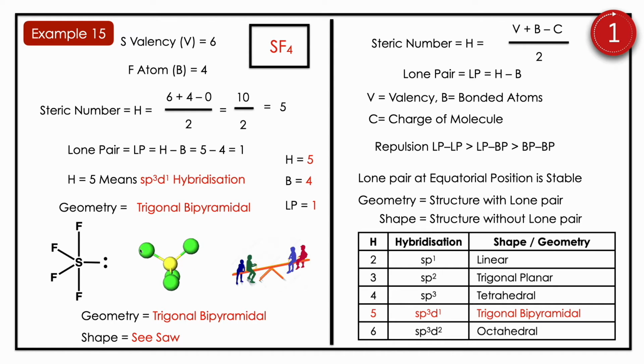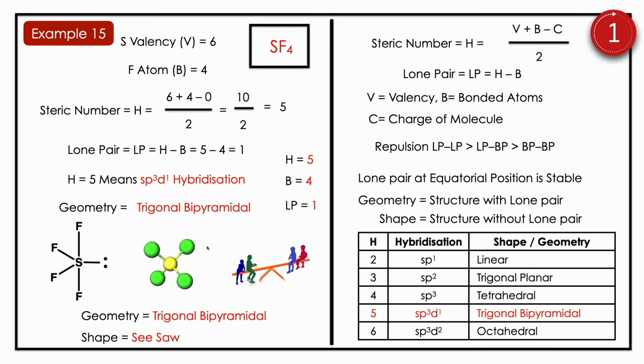Let us look at example 15. SF4. Sulfur valency is 6. Fluorine atoms are 4. Steric number, if you count it, means 6 plus 4 minus 0 by 2, which gives 10 by 2, which gives 5. The lone pair will be H minus B, which is 5 minus 4 equals 1. So H5 means sp3d hybridization with the geometry of trigonal bipyramidal.